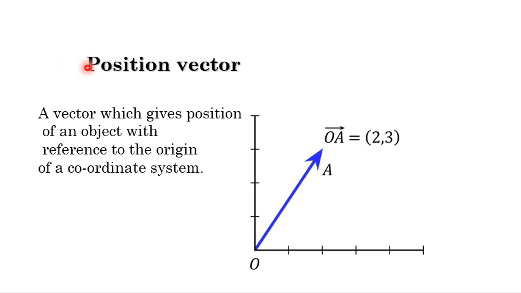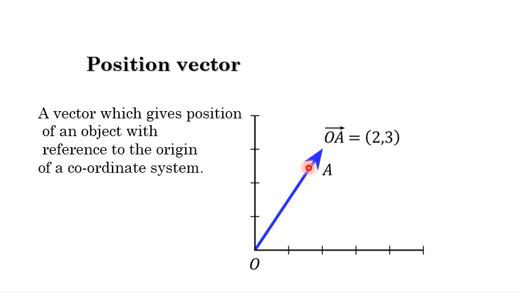Next is your position vector. A vector which gives position of an object with reference to the origin of a coordinate system. So what is a coordinate system? This is your coordinate system. This is your x-axis. This is your y-axis.